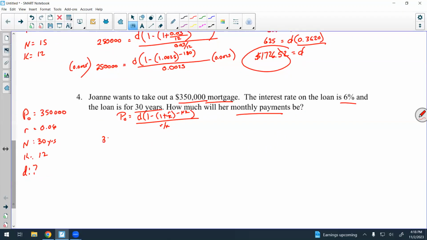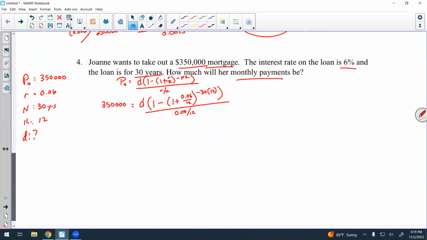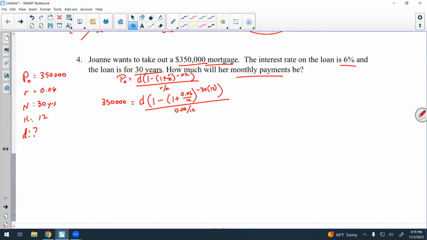So 350,000 equals D times 1 minus 1 plus 0.06 divided by 12 to the negative 30 times 12 all over 0.06 divided by 12. Well, that 0.06 over 12 is 0.005.